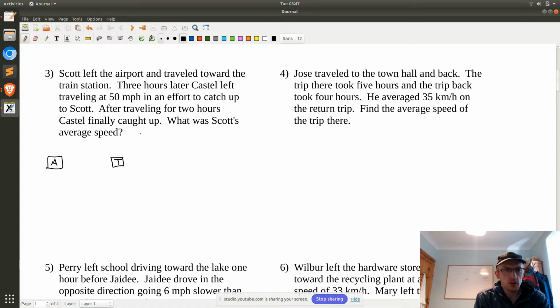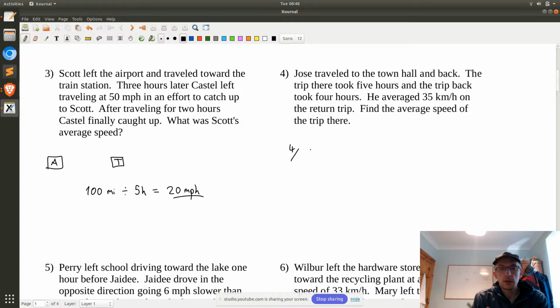Scott has been traveling for 5 hours: the 3 hours delay from Castel and the 2 hours to catch him up. So 100 miles divided by 5 hours is simply 20 miles per hour. That's the average speed of Scott.